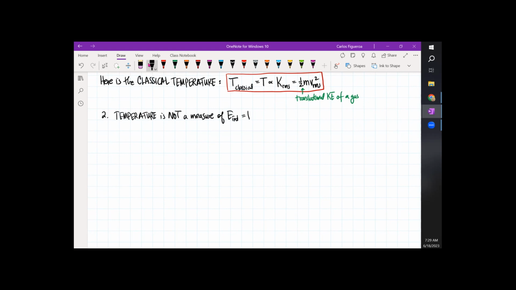It's really a measure of U micro plus K micro, where K micro is the total kinetic energy. And the total kinetic energy is then N times K RMS. So we can look at an example. So I imagine that I have a cup versus a pot of boiling water.